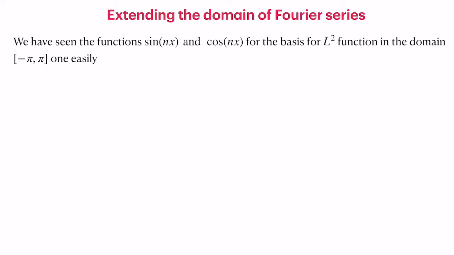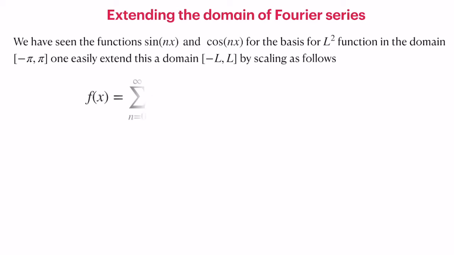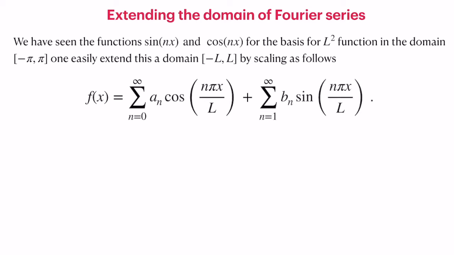We can make a transformation from minus L to plus L to minus pi to plus pi, and that transformation would allow you to expand any function in the domain minus L to plus L in terms of a Fourier series. So the Fourier expansion in this case is given as f of x is equal to sum n going from 0 to infinity a_n cos n pi x by L. You can see here it is basically scaling the interval from minus L to plus L to minus pi to plus pi.